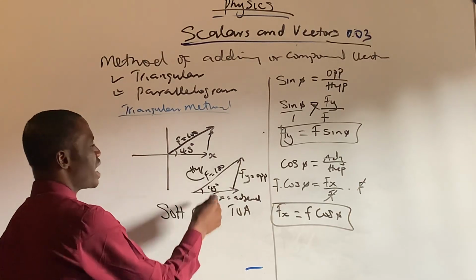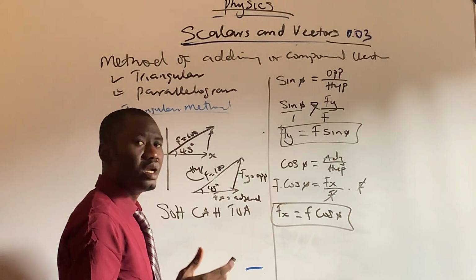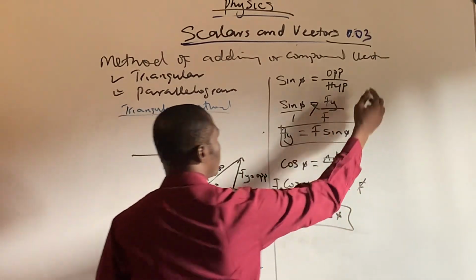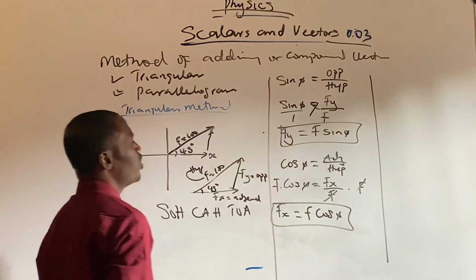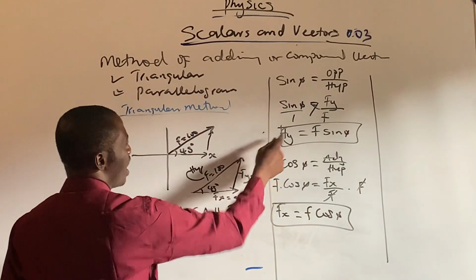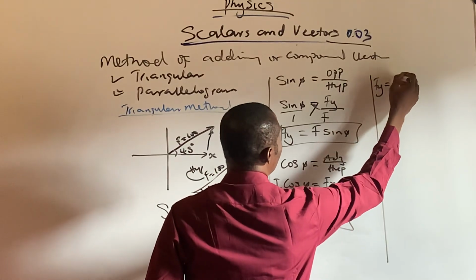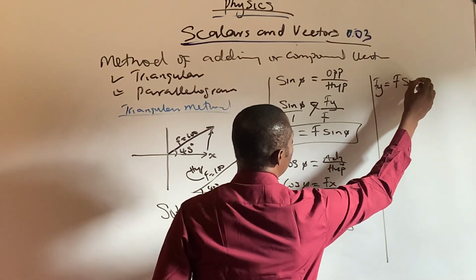Now, if you want to get the angle, assuming that the angle is not given to you, we're going to make that illustration later. Let's just move on. Now, how do you get this Fy component? Fy is equal to force times sine theta.